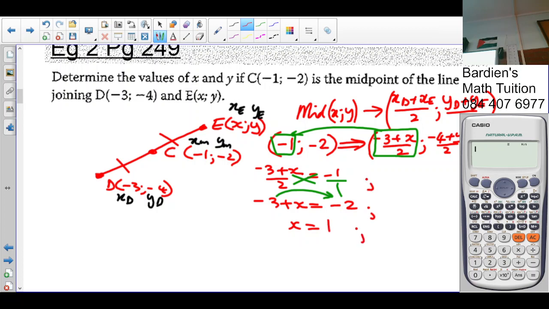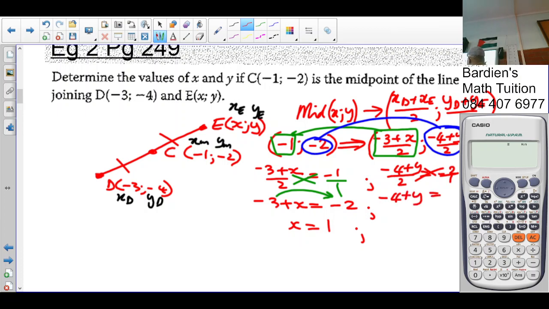Then we have negative 4 plus y over 2 must be equal to negative 2. You cross multiply. So negative 4 plus y equals 2 times negative 2, negative 4. So y is equal to negative 4 plus 4, which is 0. So there's your x value and there's your y value.